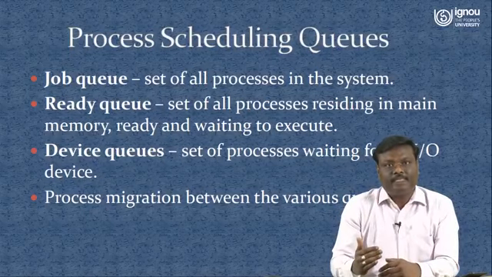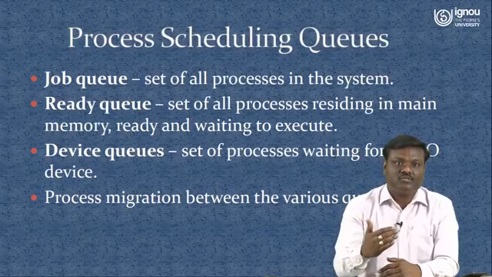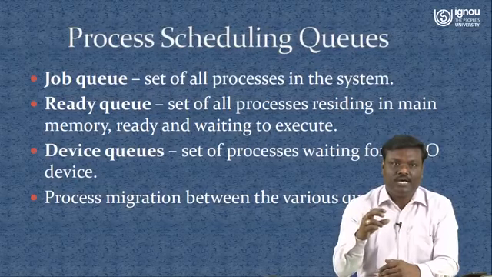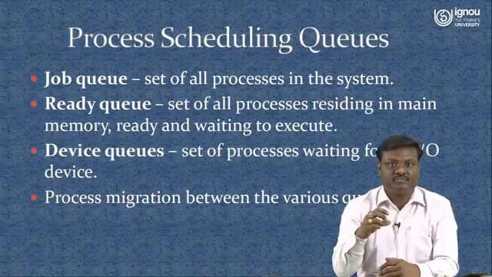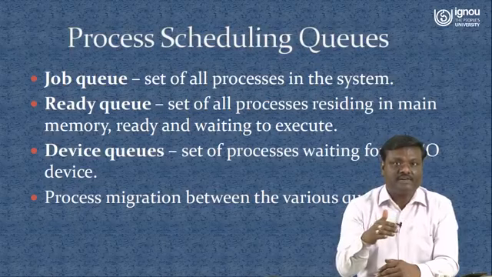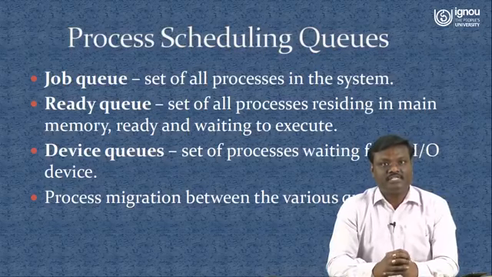There may be a situation where the processes will be waiting for the resources, so each and every device maintains a queue, and those are called device queues. The set of processes waiting for an IO device is called a device queue. For various devices, there may be various queues attached to the device itself.